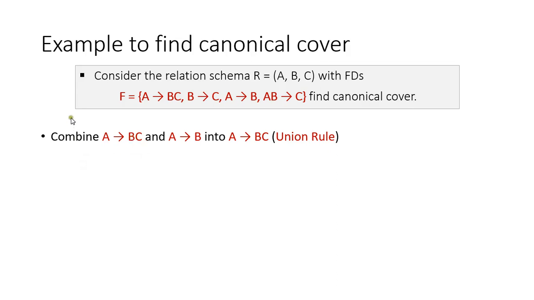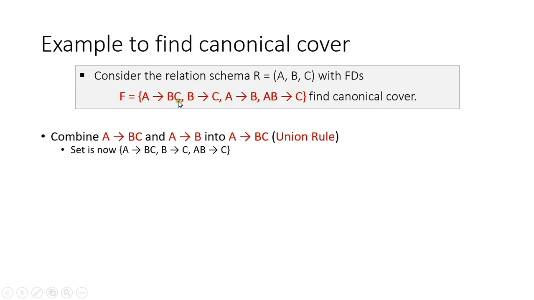So we have A determines BC and A determines B. Combine A determines BC and A determines B into A determines BC as per the union rule. The set will now be A determines BC, B determines C and AB determines C. Here we are removing A determines B because it is already covered as per the union rule.